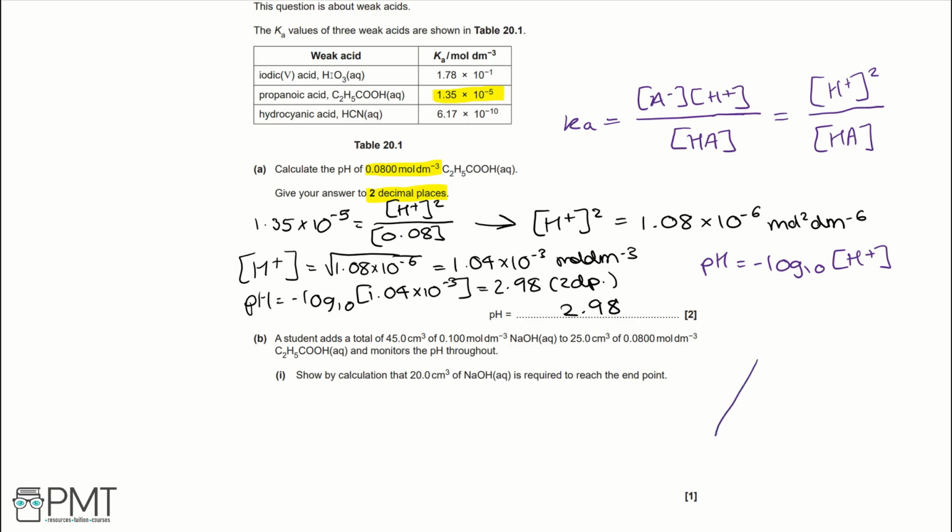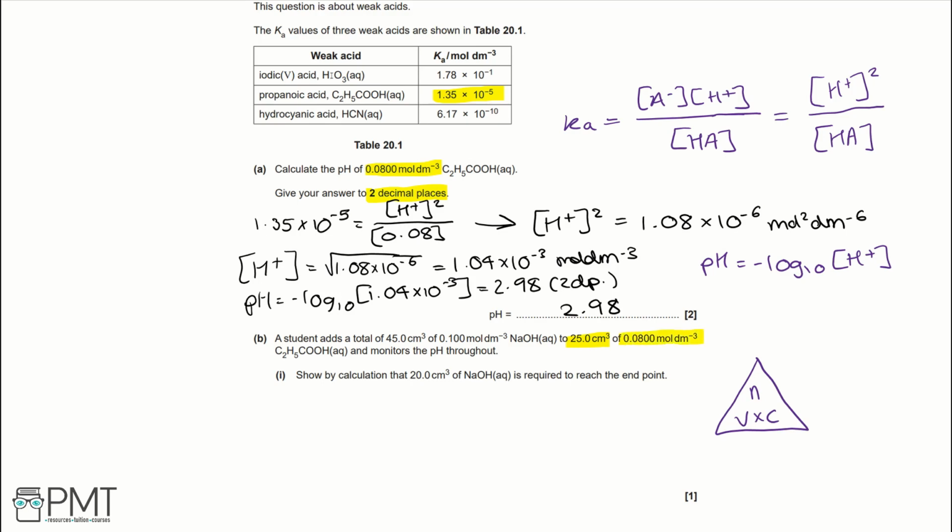Firstly, with this question, we're going to use the equation triangle n equals V times C, where n is number of moles, V is volume, and C is concentration. We're going to first work out the moles of C2H5COOH. So we're going to use 25 centimeters cubed and 0.08 moles per decimeter cubed.